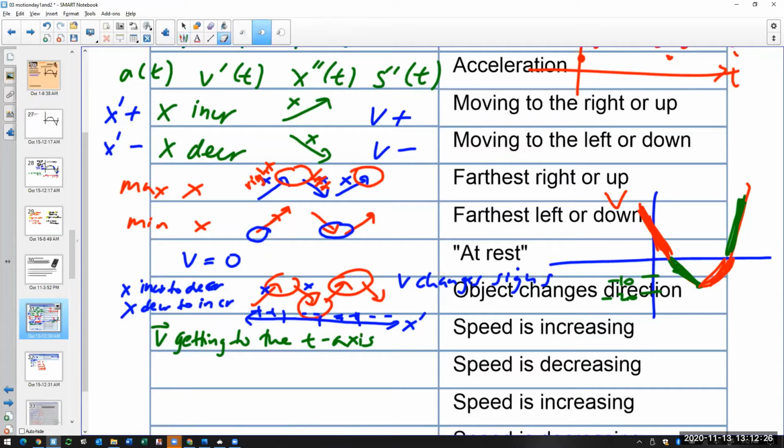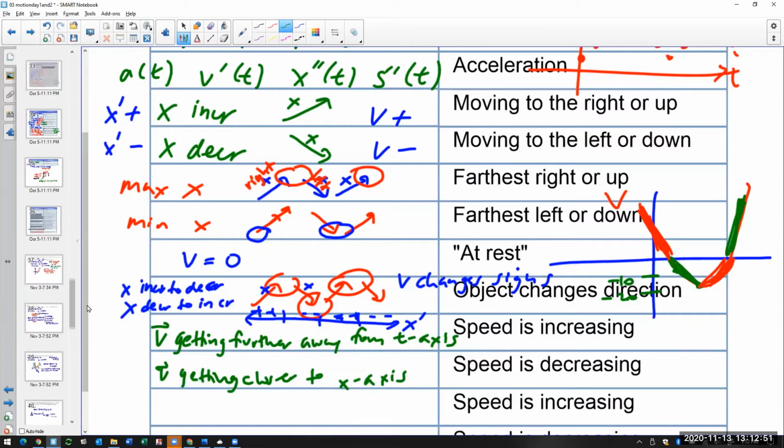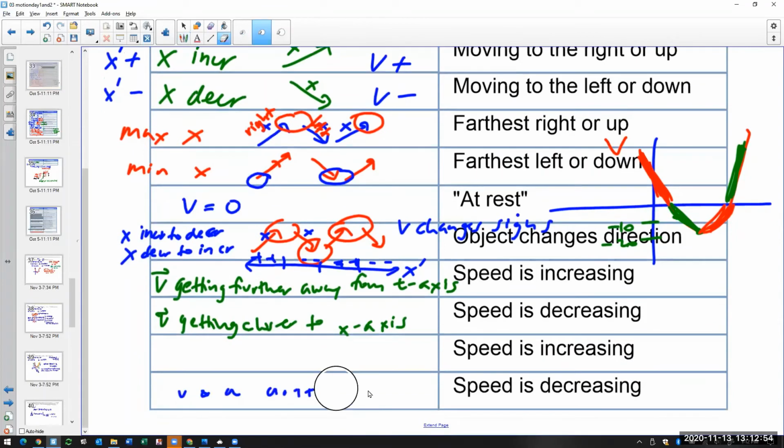It's getting further away from the t-axis. Thank you. And then the opposite is true for speed is decreasing. So velocity is getting closer to the x-axis.